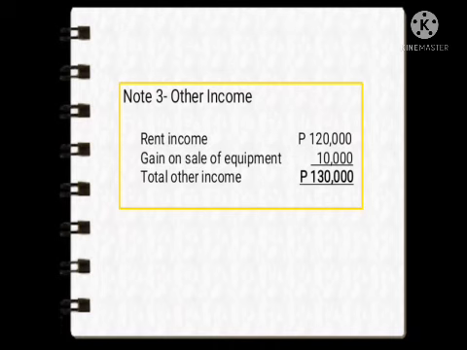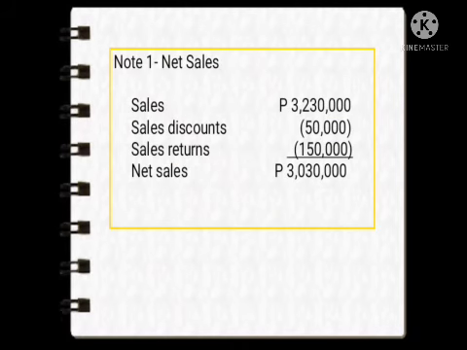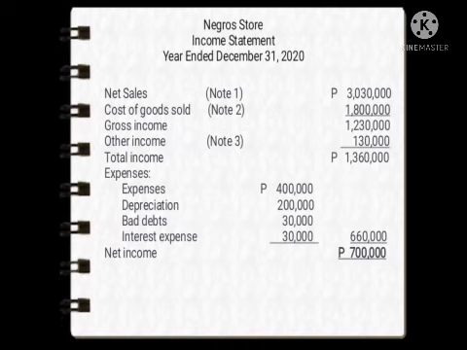So, the gross income, which is 1,230,000, plus the other income, which is 130,000, is equal to the total income of 1,360,000, less the expenses, which expenses is equal to 400,000, add the depreciation, 200,000, the bad debts, 30,000, interest expense, 30,000.